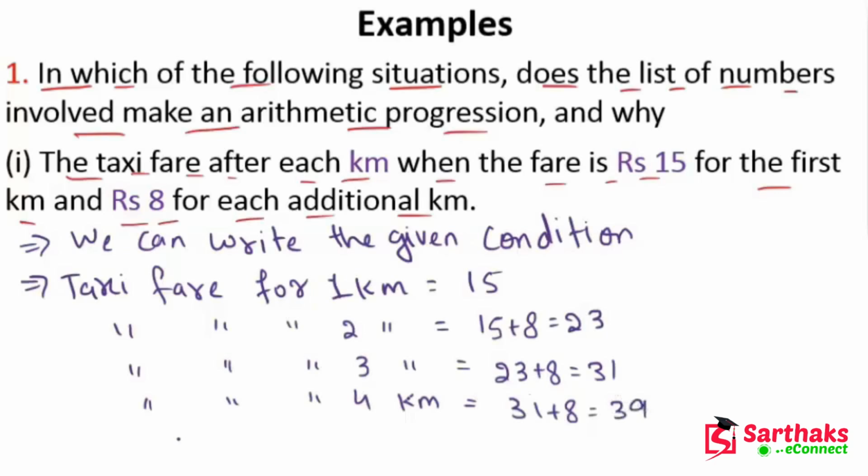So friends, this is our AP: 15, 23, 31 and 39. I hope you get this point. This is our AP. Okay my dear friends, now let's move on.